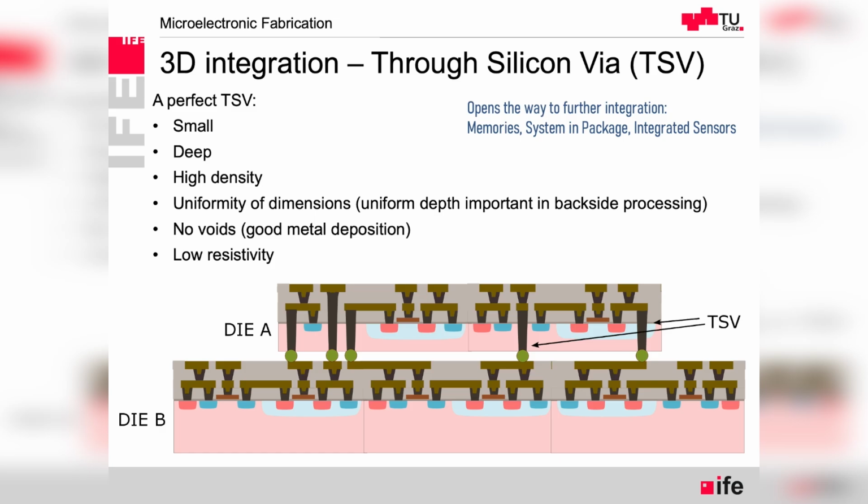Then the 3D integration by integrating two dies together with through silicon vias. It's also possible to put one die on top of another and make wire bonding, but that would be quite old, and some things would not be possible at all. For example, we have detectors for imaging, where the detector can be made from any kind of semiconductor we need, but the readout is made of silicon.